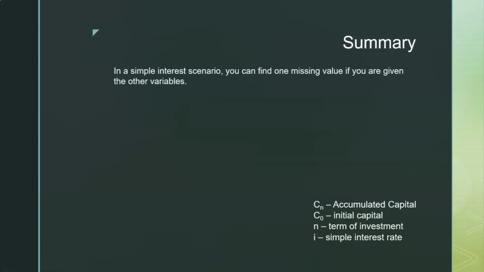In a simple interest scenario, you can find one missing value if you're given the other variables. To calculate the accumulated capital, we have the equation where the accumulated capital equals the initial capital times brackets 1 plus n times i, which is the term of investment times the simple interest rate.